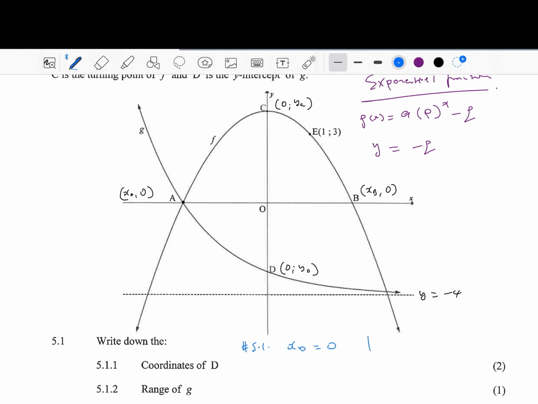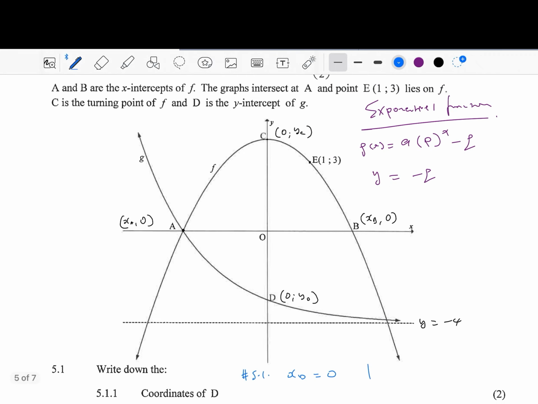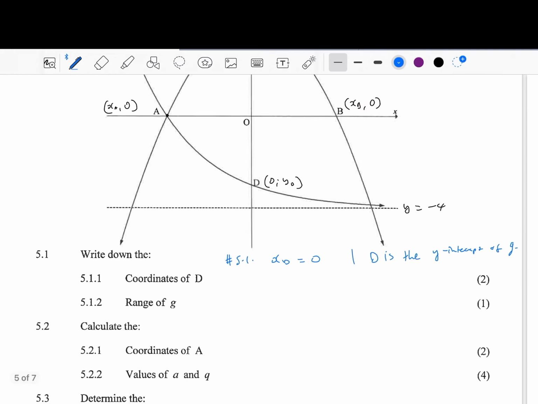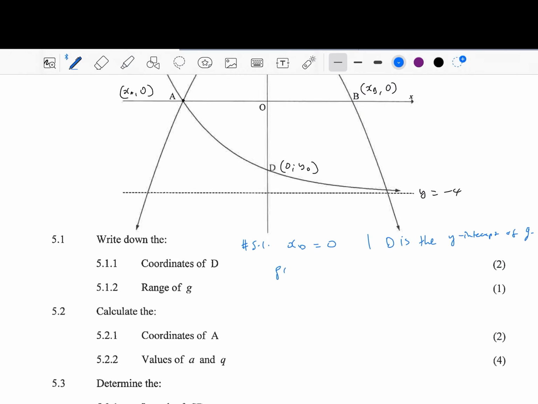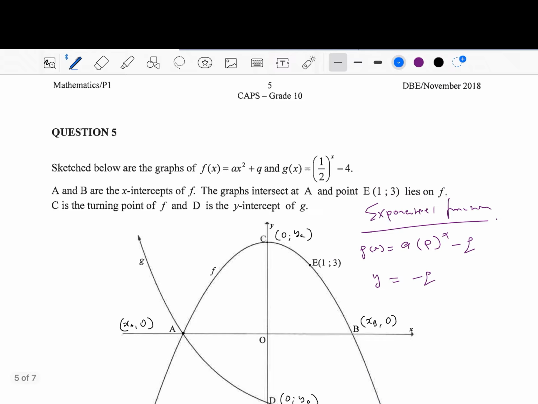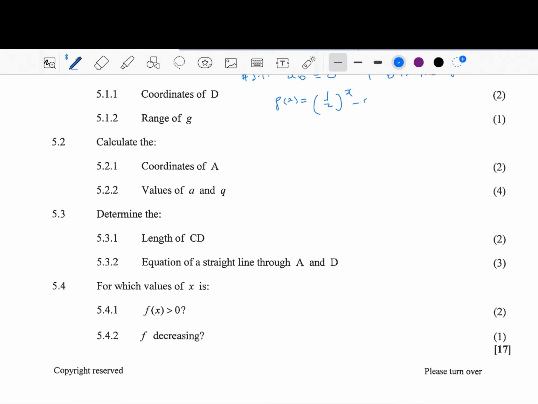The reason is that D is the y-intercept of G. Now you need to find the y value of D. So you have g(x), that's the equation that we have, minus 4.